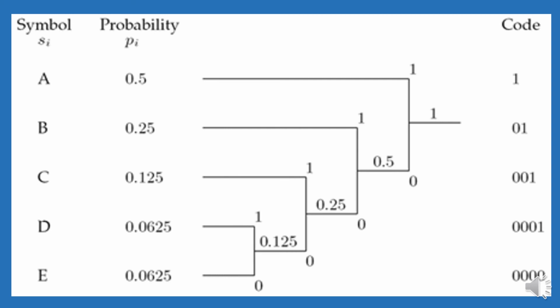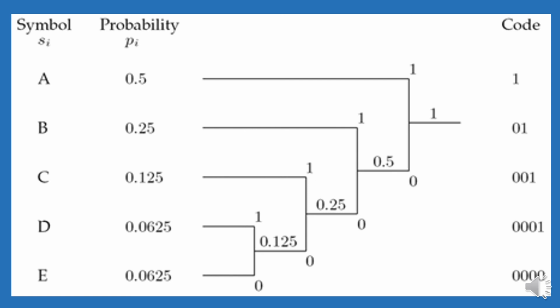The first step is you add the lower probability values, that is, you add 0.0625 and 0.0625, and you get 0.125. Next you add again 0.125 with 0.125, you get 0.25, and now you add 0.25 with 0.25, you get 0.5, and now you add 0.5 with 0.5, you get 1.